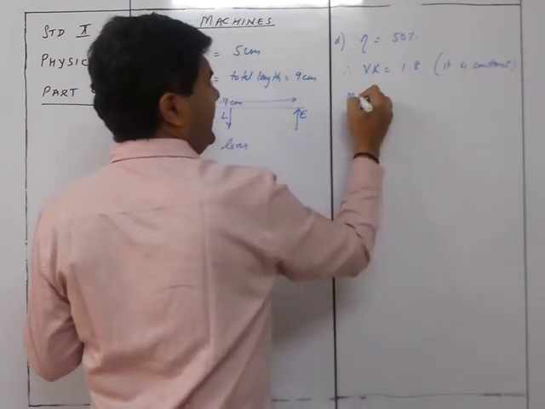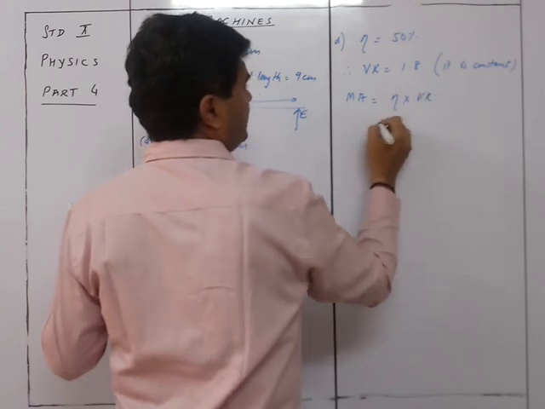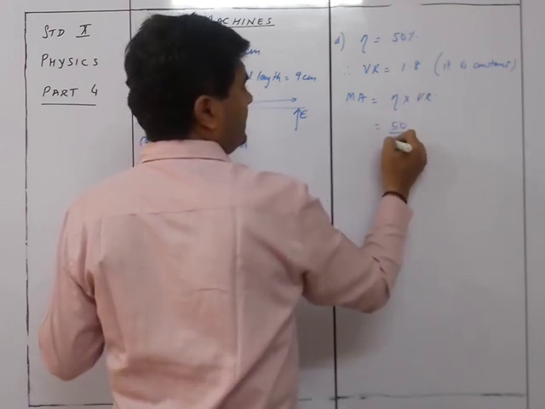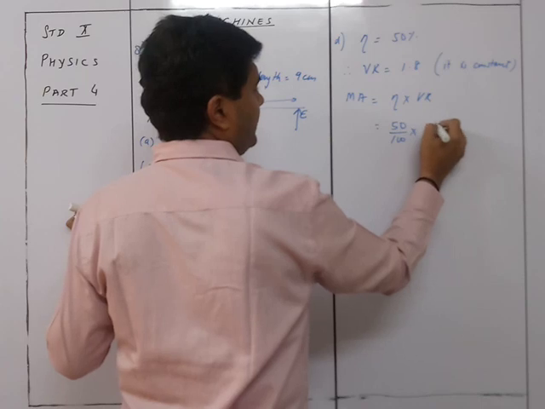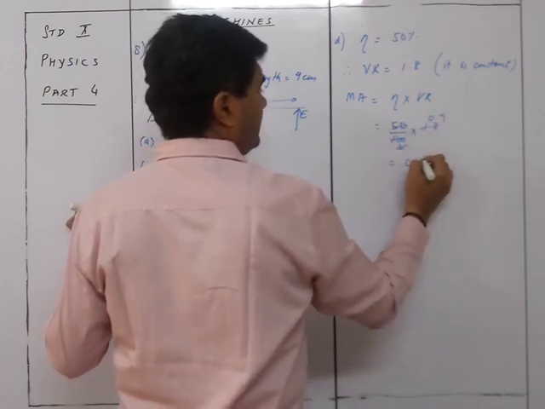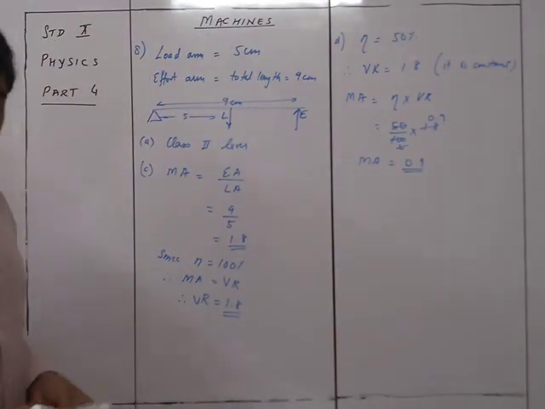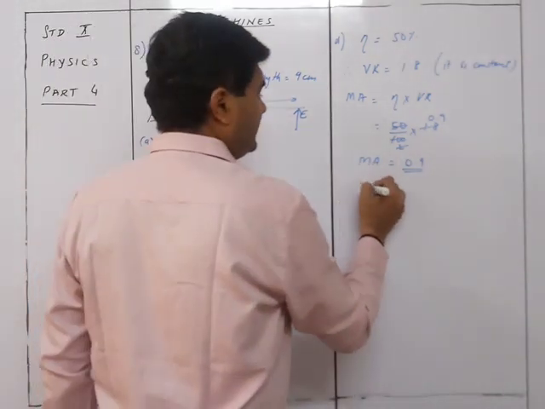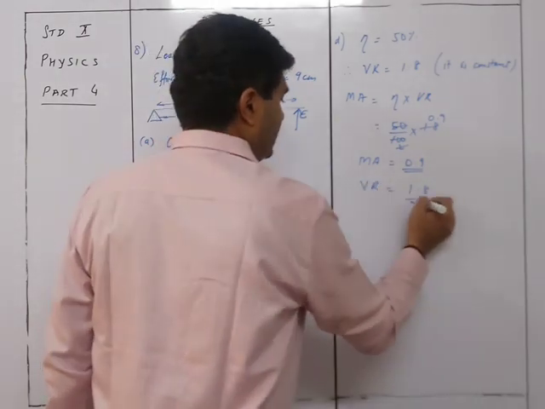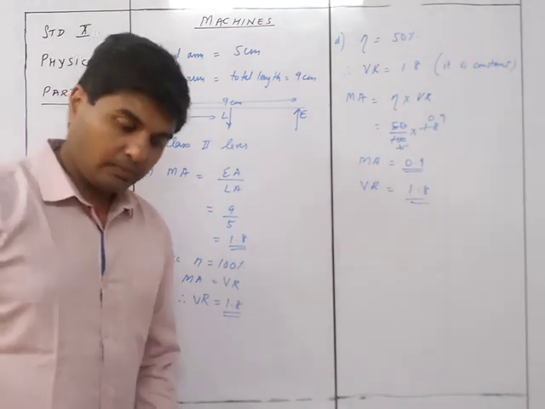Whereas MA will be equal to efficiency into VR. So that will be 50 upon 100 into 1.8. So MA will be 0.9, but VR is going to be 1.8. So that is sum number 8.